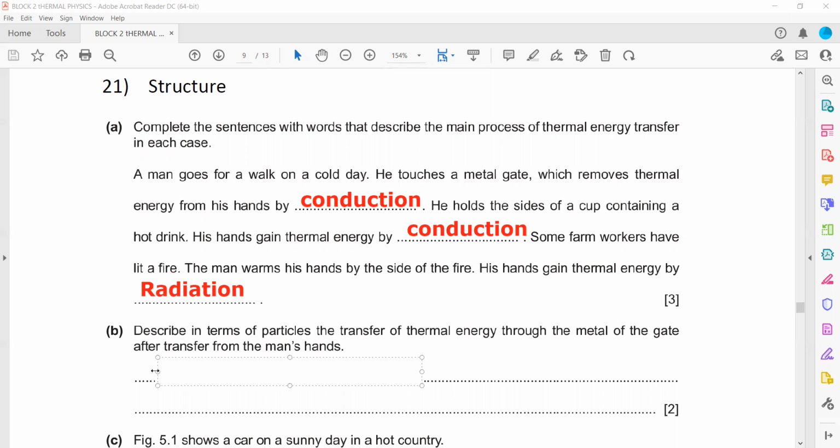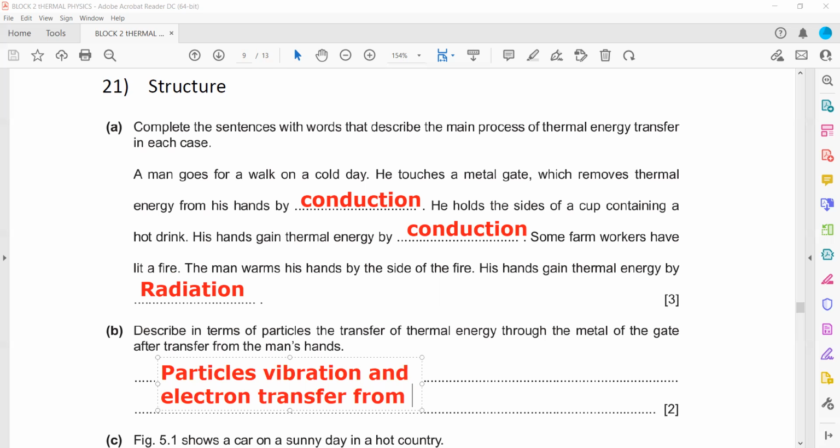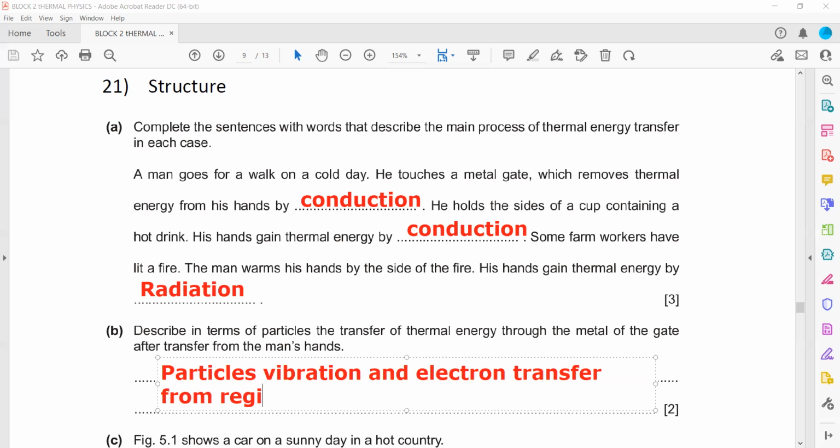So particles vibrate and electrons transfer from a region of high temperature to low temperature. And that is how the conduction happens.